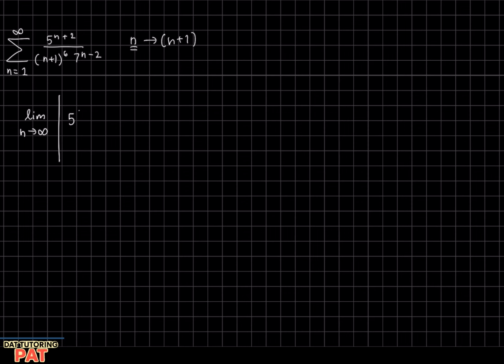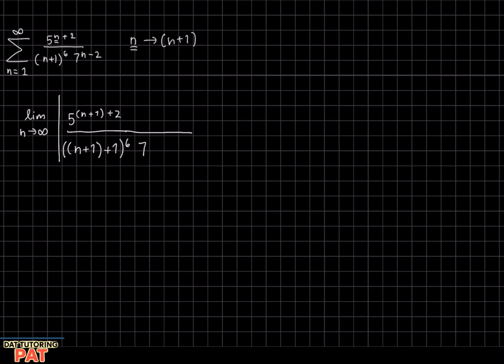So 5, and then we're going to turn this n into an n plus 1 plus 2 over, and then we're going to do the same thing here. That n is going to turn into an n plus 1 plus 1 to the 6th power, and then extend this out a little bit.